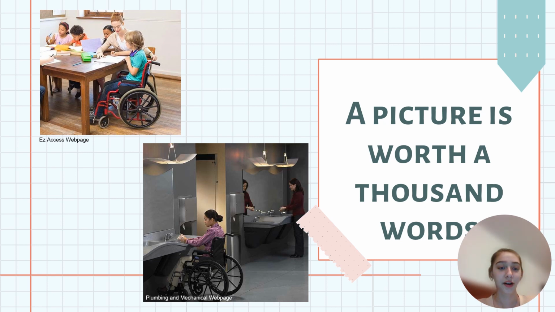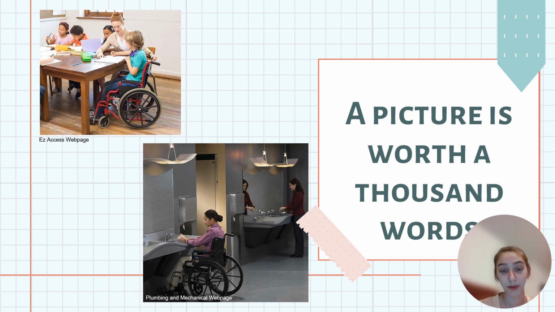A picture is worth 1,000 words. Here are two different pictures showing accessibility and universally designed objects in the world. Starting with the top one is the student classroom. The desks that the students have in their classroom are accessible for those students in wheelchairs, as you can see, but they're also accessible for those students able to work in regular seating chairs.